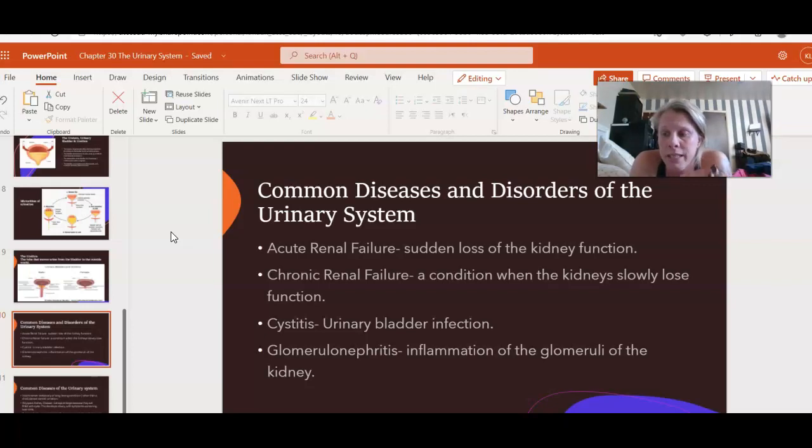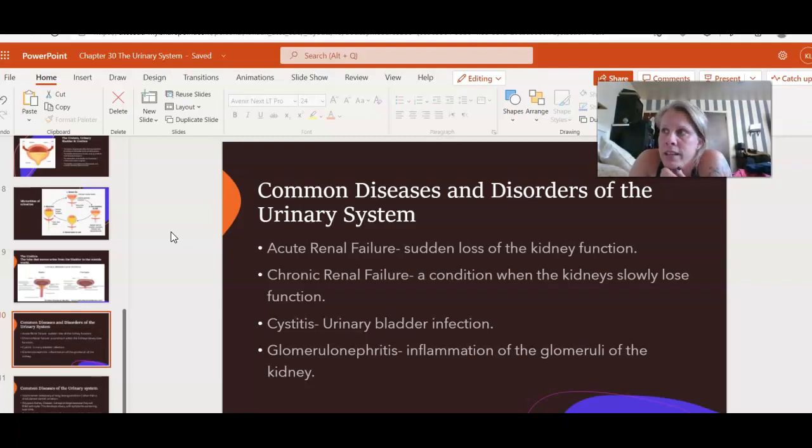Signs and symptoms would be decreased or no urine production or excessive urination, swelling of the extremities, bloating, some mental confusion, comas, hand tremors. You can also have nosebleeds, easy bruising, pain in the back or abdomen, abnormal urinalysis, and an increase in your potassium levels.